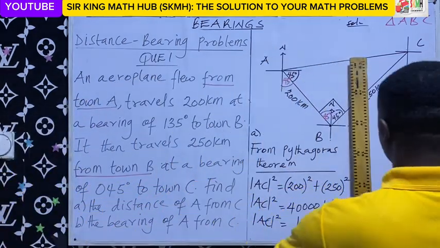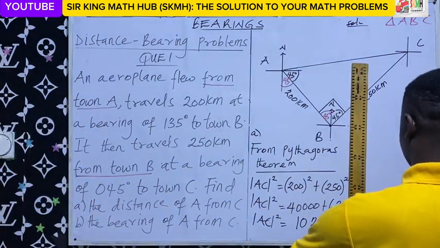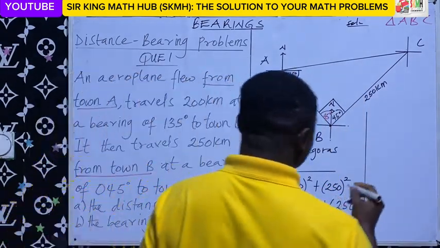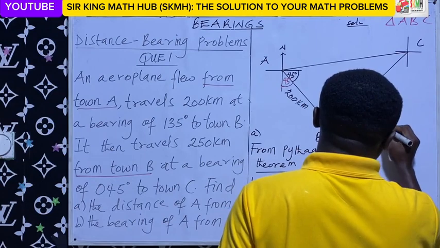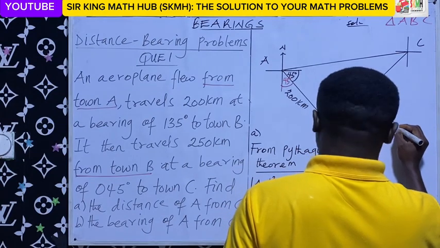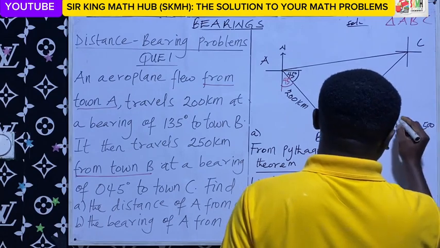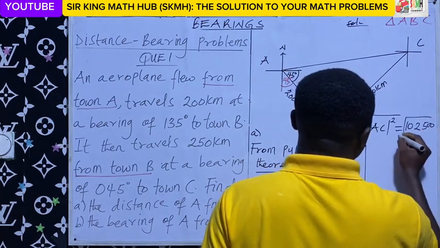We are looking for AC, not AC squared. So we can take the square root on both sides.